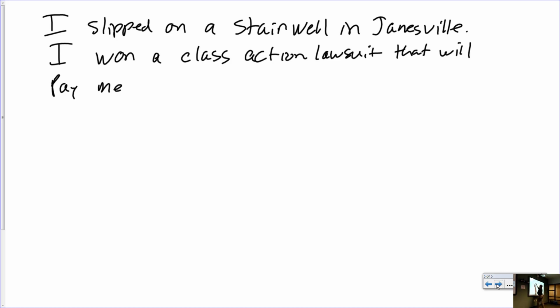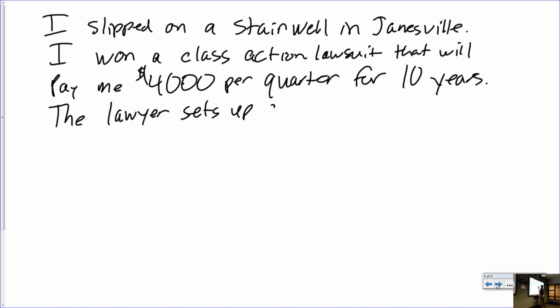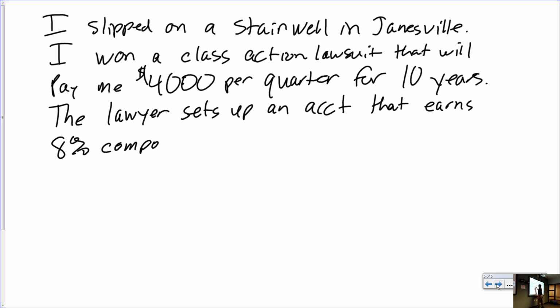So it's gonna pay me, say, $4,000 per quarter for 10 years. The lawyer sets up an account that earns 8% compounded quarterly.